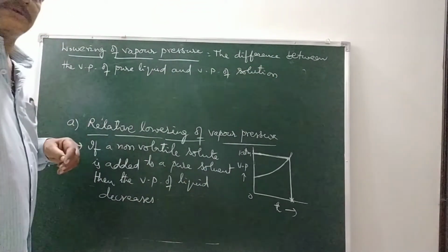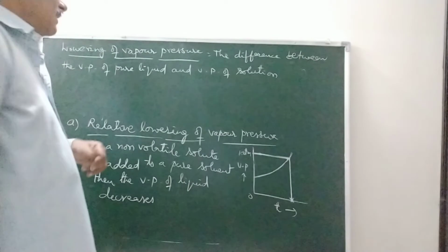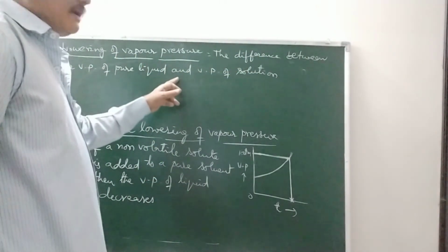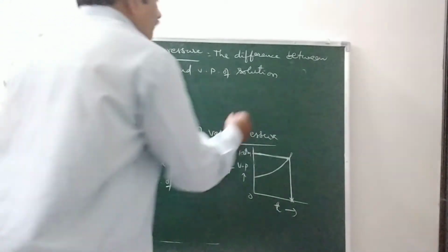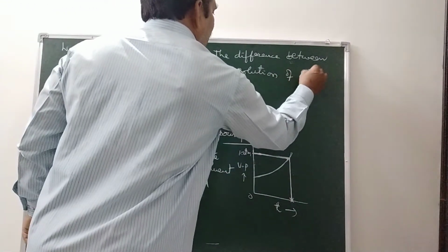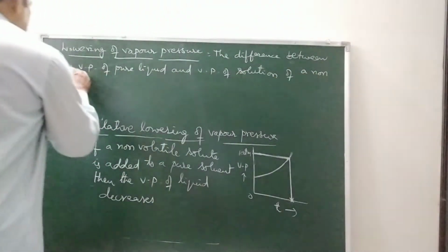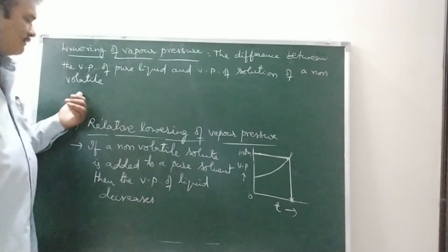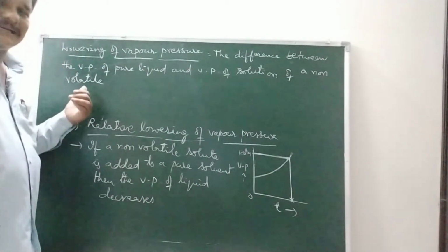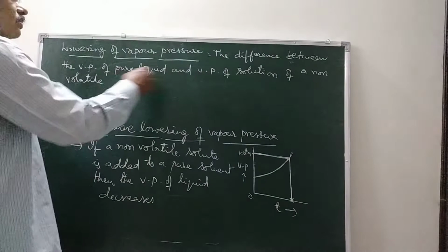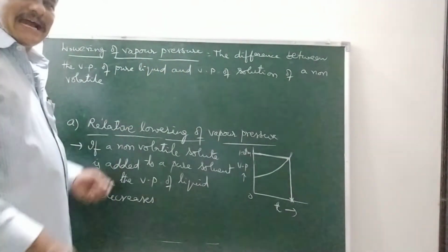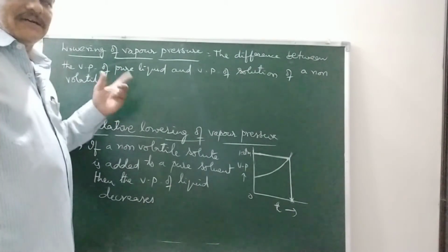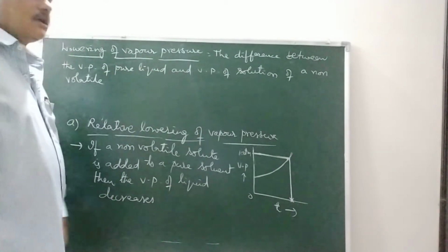How is that solution formed? By dissolving a non-volatile solute. Non-volatile solute means its tendency of conversion into gas is less. If such a solid is added to the pure solvent, then vapor pressure decreases. That decrease in the vapor pressure is called lowering of vapor pressure.